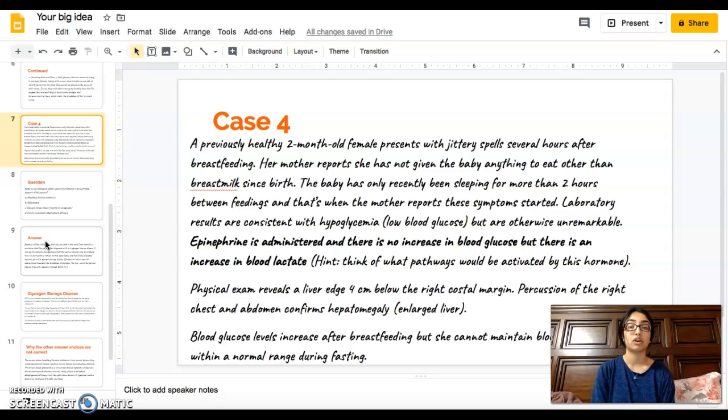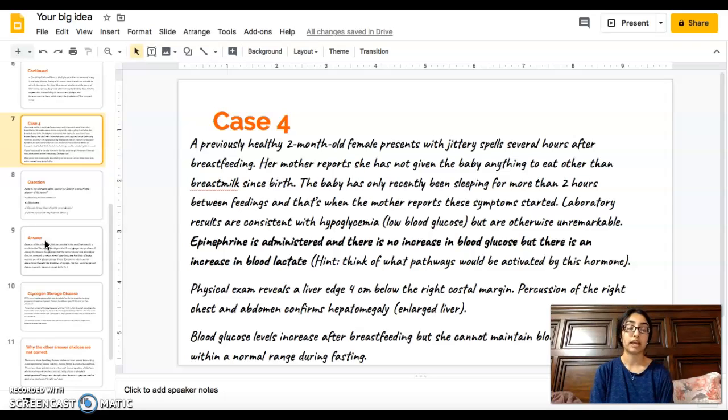Laboratory results are consistent with hypoglycemia, which is low blood glucose, but are otherwise unremarkable. Epinephrine was administered, and there was no increase in the blood glucose levels, but there was an increase in the blood lactate.